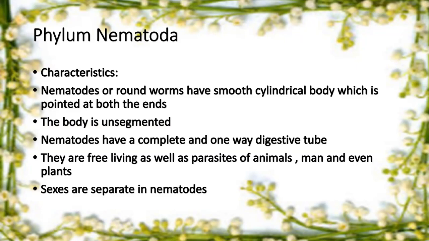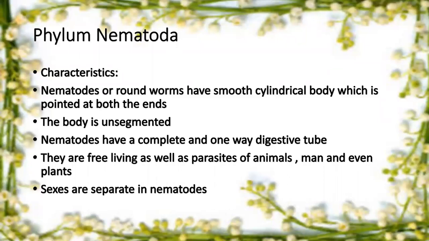Sexes are separate in roundworm and male is slightly smaller in length than the female. What is the identification? That is, the size of male nematodes is smaller than the size of female nematodes. Characteristics are clear.